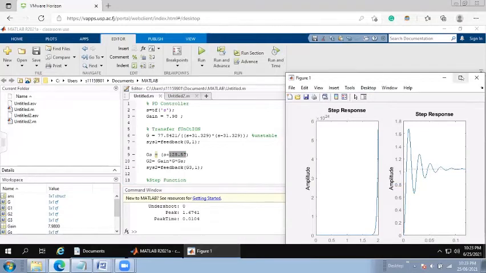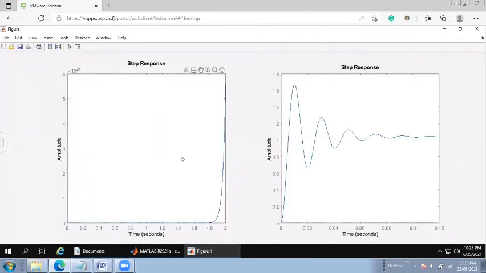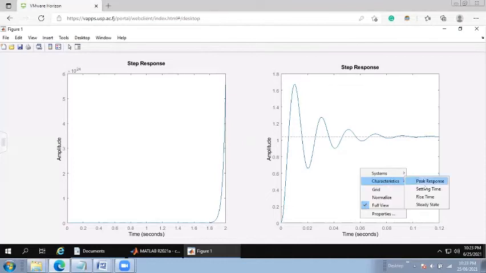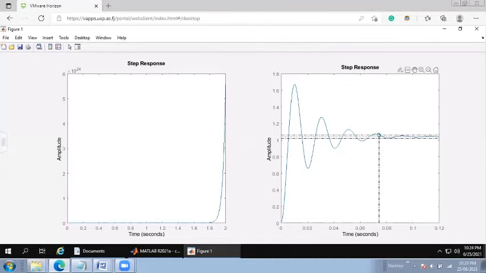So the moment of truth for our step function. This was our initial plot without the controller, and this was our plot after the controller. The settling time for this particular plot is almost the same as the previous one. There is a slight difference, but it is almost the same.